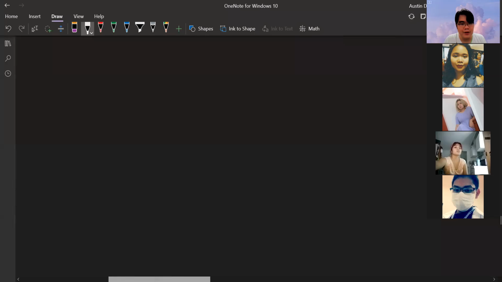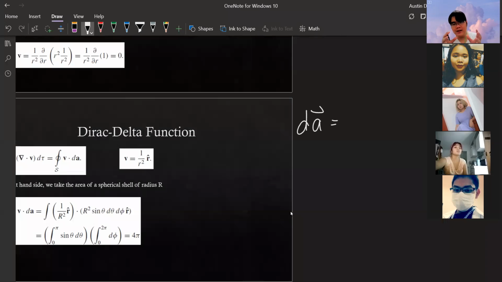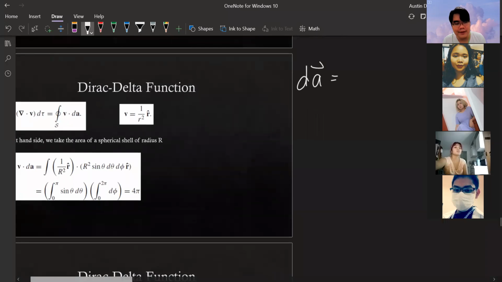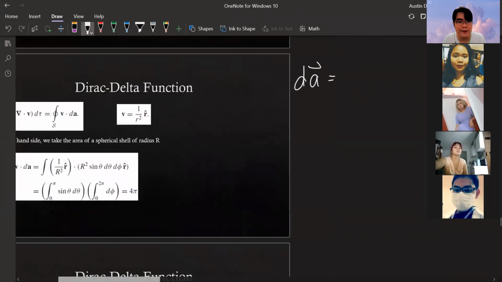So, to do that, okay, tandaan nyo tong lesson na to. Sa dA natin, ang mangyayari ngayon, surface mo, since it is a spherical shell, constant yung radius niya. Tama ba? And we take that radius to be R. Okay?